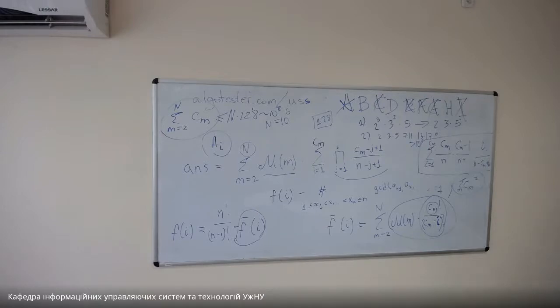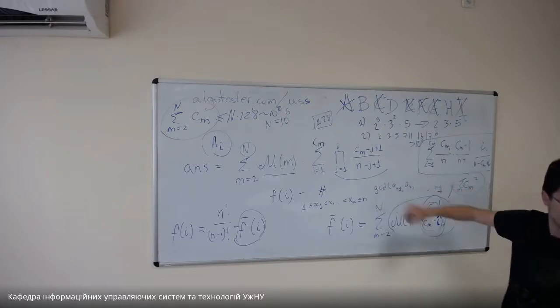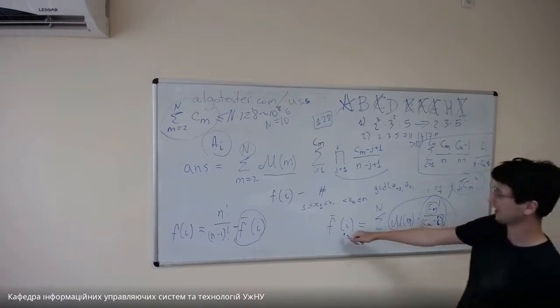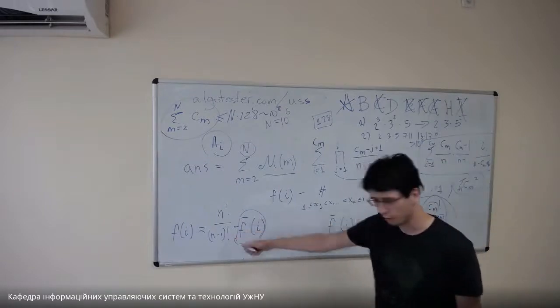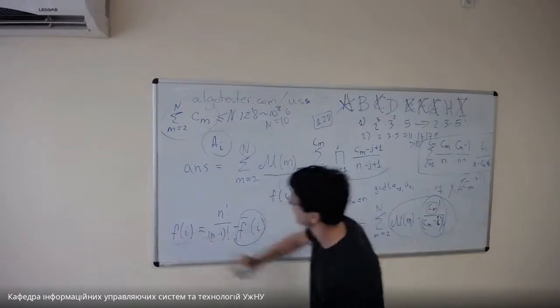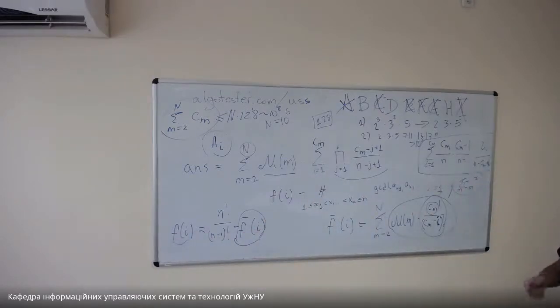Shouldn't this product be multiplied by i, under this sum? This is an expectation. The product, yeah, this product. Shouldn't it be multiplied by i? When we wrote our equations, this i will cancel out, because we can't directly apply this to this formula. f of i is the number of subsets whose GCD is equal to 1.